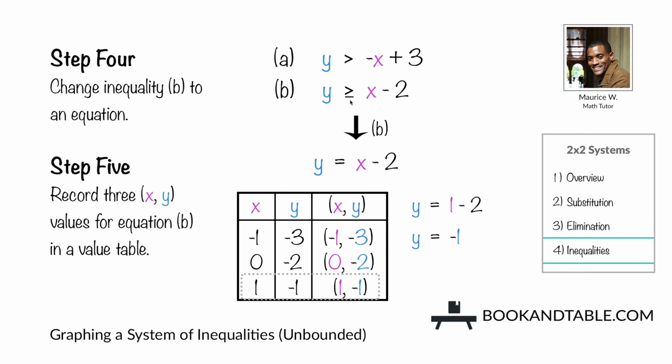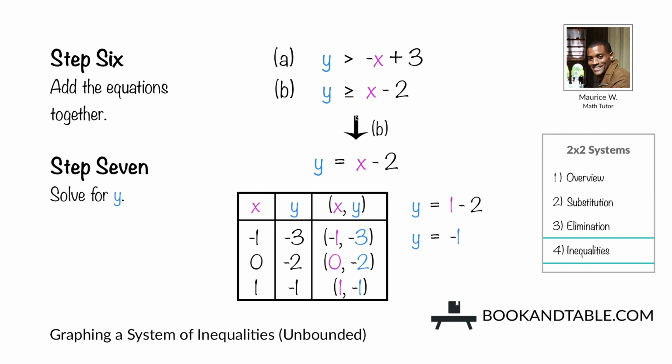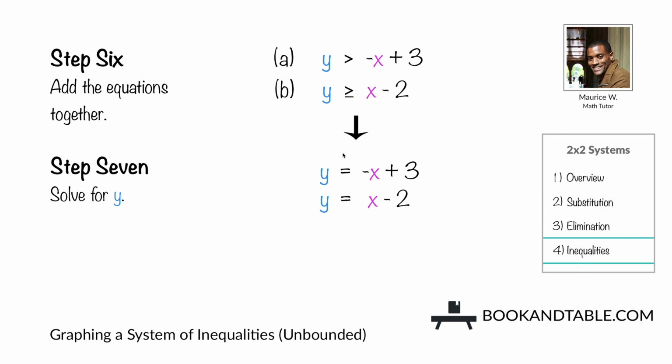But before we begin sketching these inequalities, we first want to find the point where these two lines intersect. So this is now where we'll use the substitution and/or elimination methods to find the vertex. So step 6, we want to add the equations together. When we do so, we have equation A is y is equal to -x plus 3.